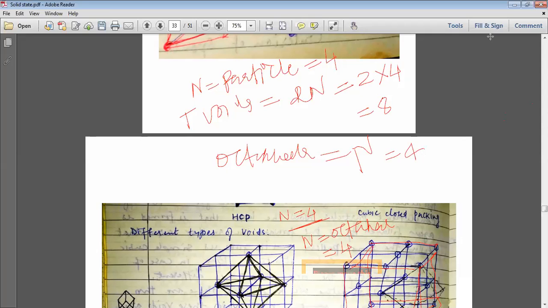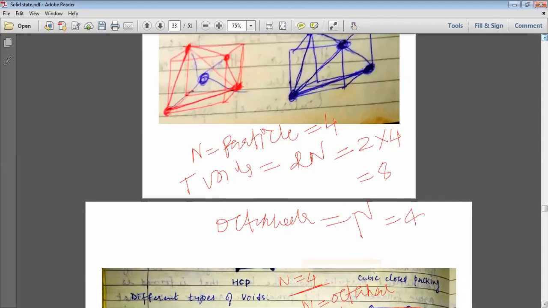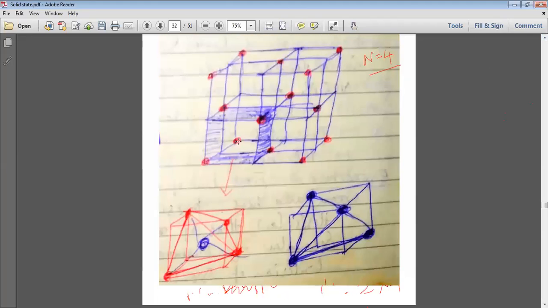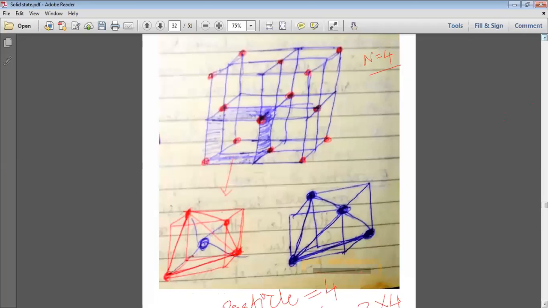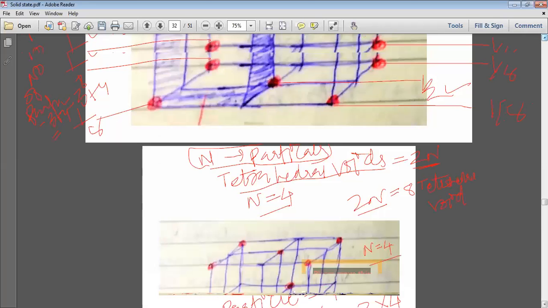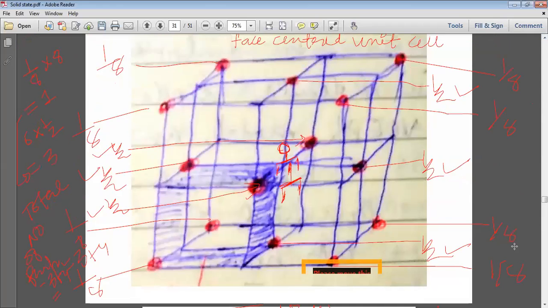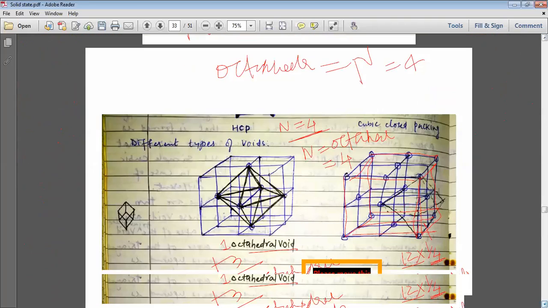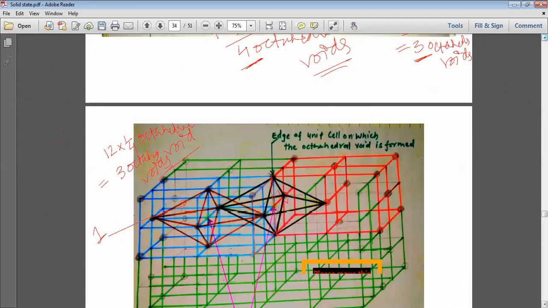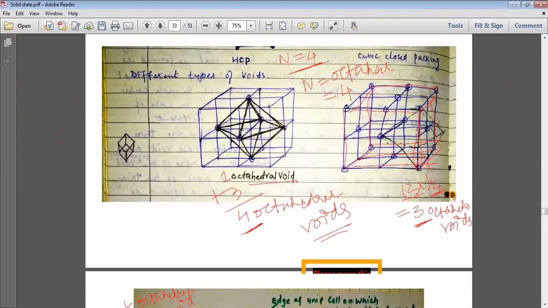So that is what we have calculated, that in 8 such cubic units, as we have shown in 1 unit, we have a total of 8 tetrahedral voids. Same way, we have a total of 4 octahedral voids, one at the center of the unit cell, whereas 1/4th of an octahedral void at each of the edges.